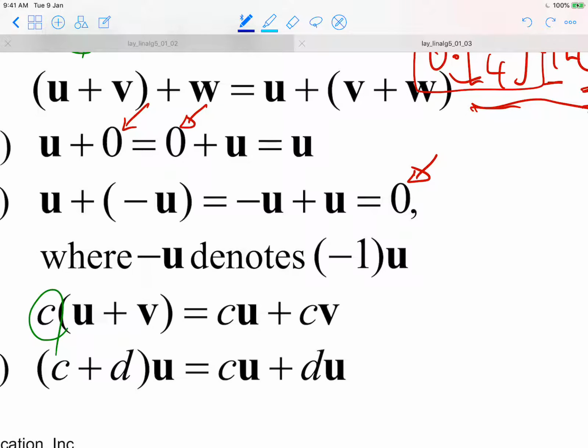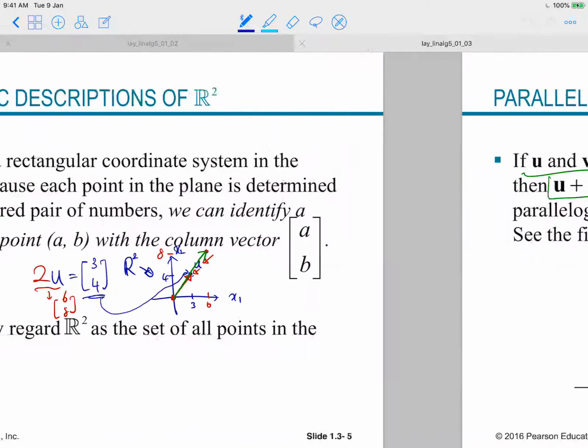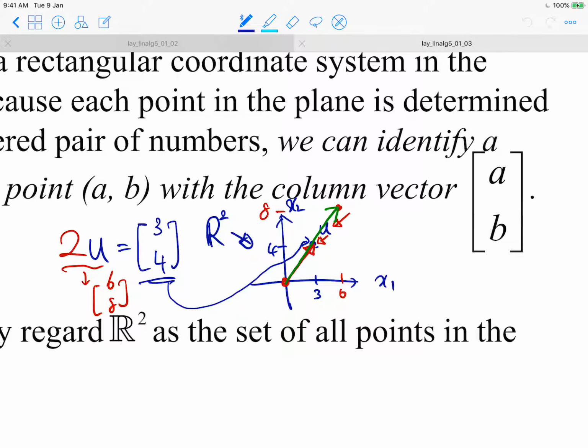Okay, and then this minus u, or negative u, is the same as negative 1 times vector u, right? In this case, we know this scalar multiple corresponds to stretching the vector by that scaling factor. But what if we just scale this vector by negative 1?